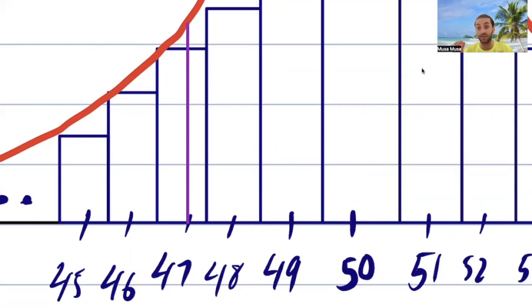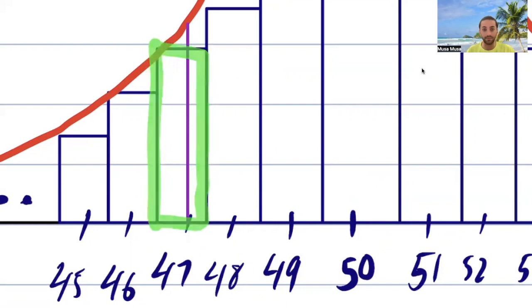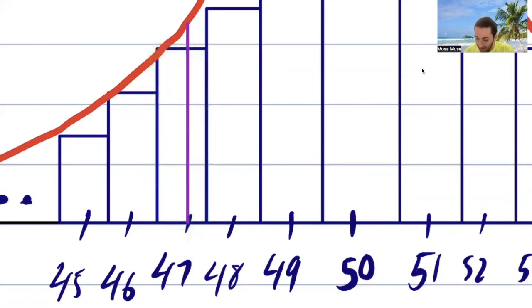The reason that I justify for myself whenever I have to do these questions is, yeah, this is kind of dodgy, but see how this is a full bar, a full rectangle? By taking exactly at 47, which is the center of this bar, you're missing out on half of the 47, because of course we have to take all the way from here.